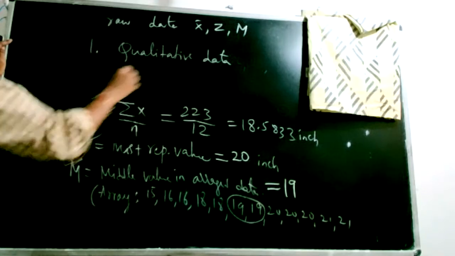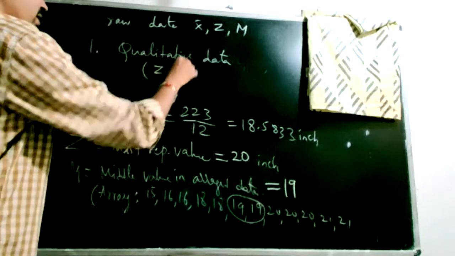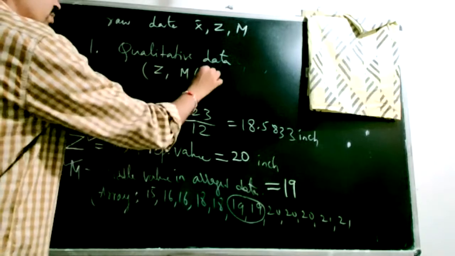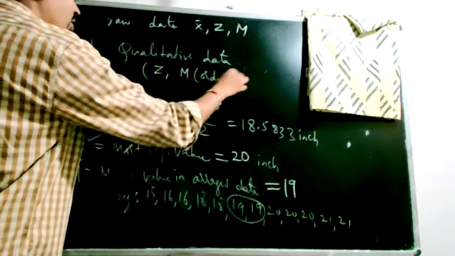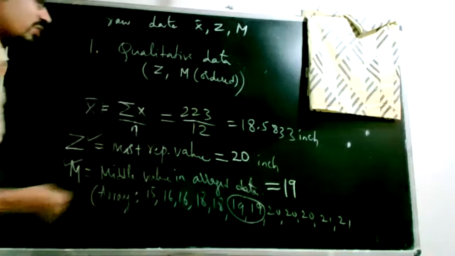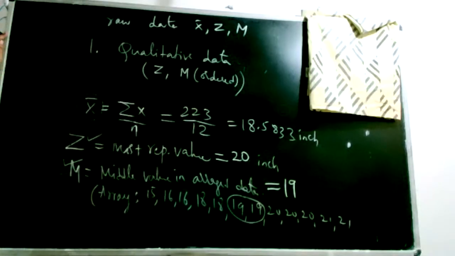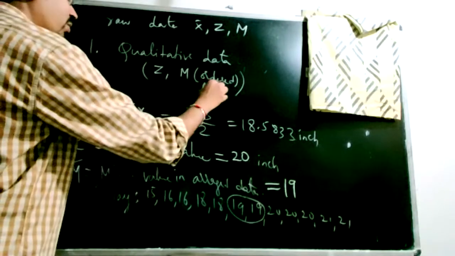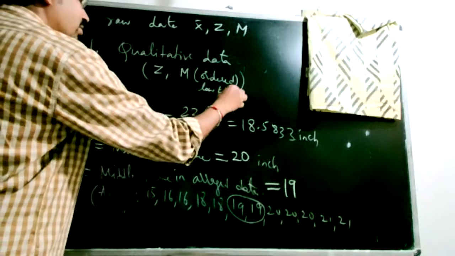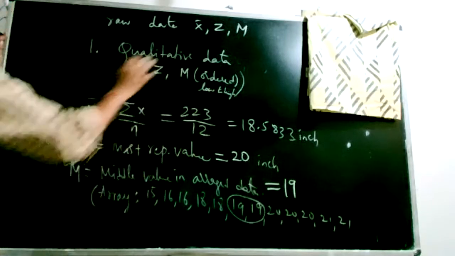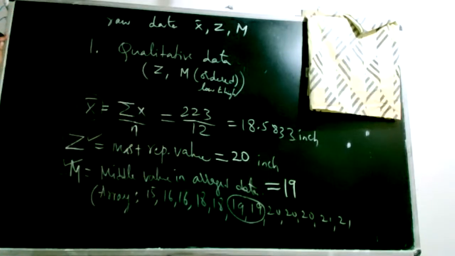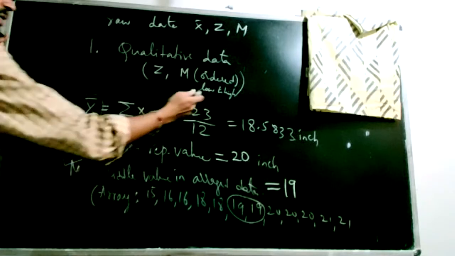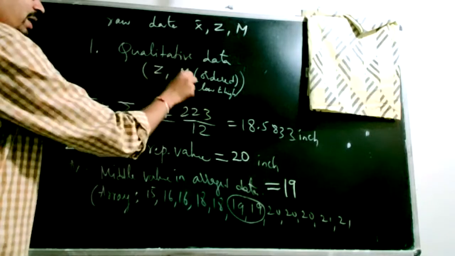So x bar is not suitable. Mode and median are suitable. Median is suitable provided they could be ordered in an arrangement. There should be some logical order, say from low to high. In that case you could talk about median also for qualitative data. But if you fail to establish which is the lowest value and which is the highest value, then the suitable measure is mode.